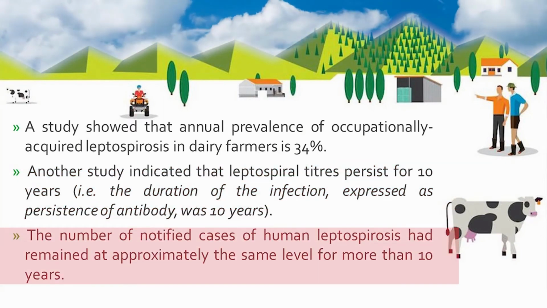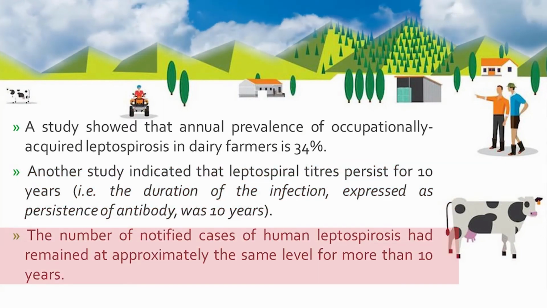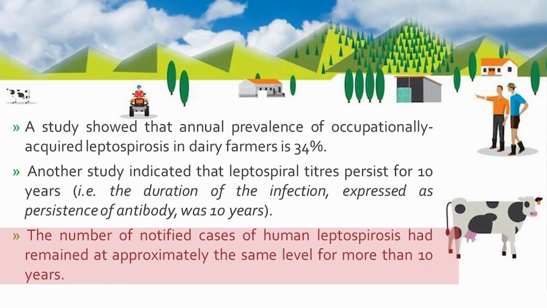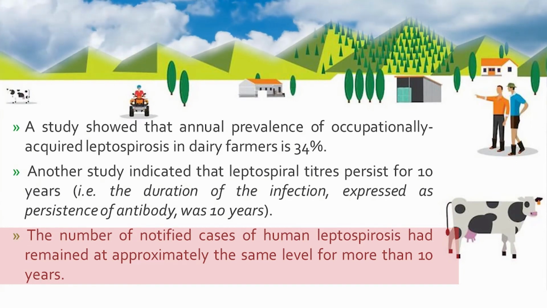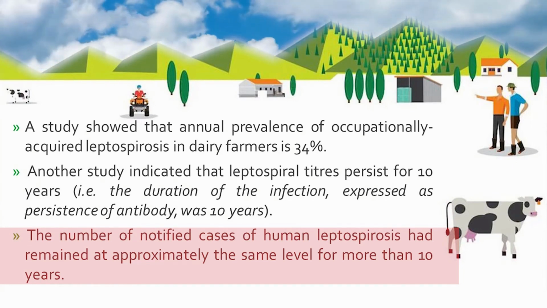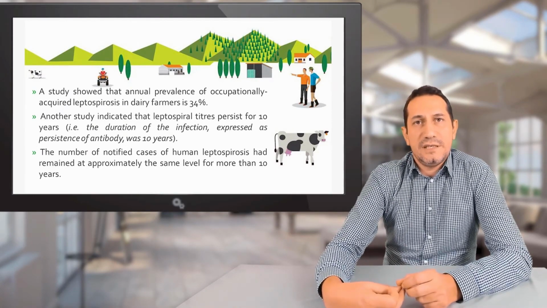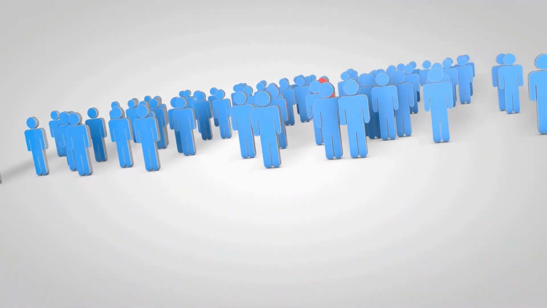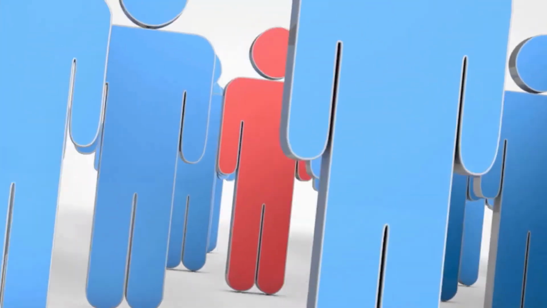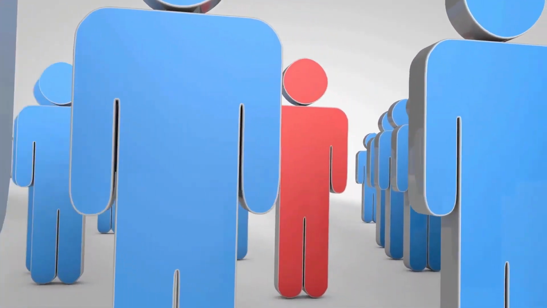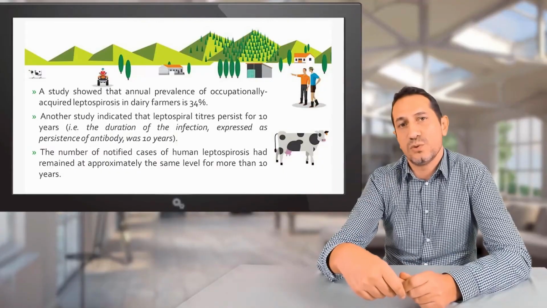And then the number of notified cases of human leptospirosis had remained almost the same, more or less 10 cases per year, which means that it could be assumed that there is a stable endemic level of the disease in this human population, and of course in the cattle, which is spilling over the disease to humans.